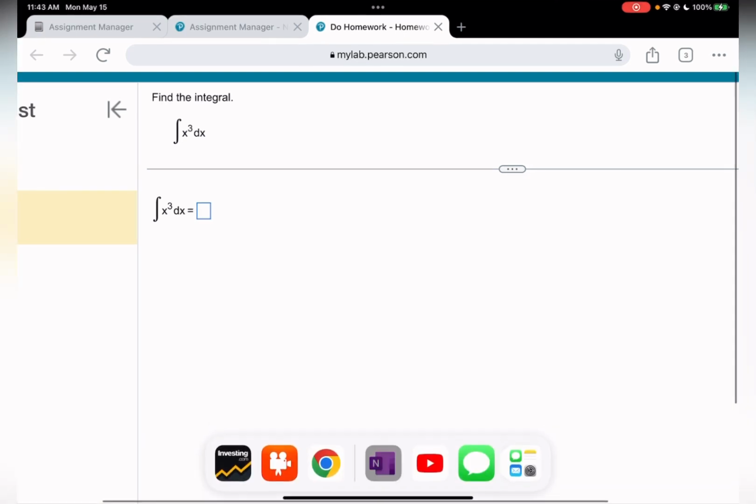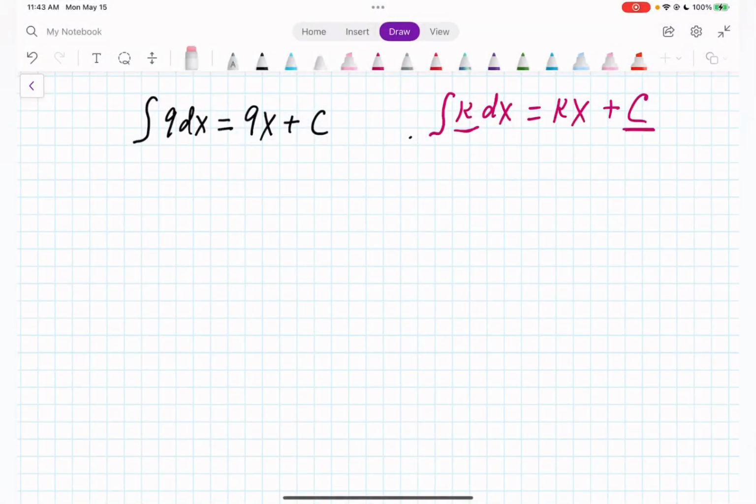Moving to the next question, x cubed dx. How are we going to solve this question? Let me put it a little bit higher. X cubed dx.